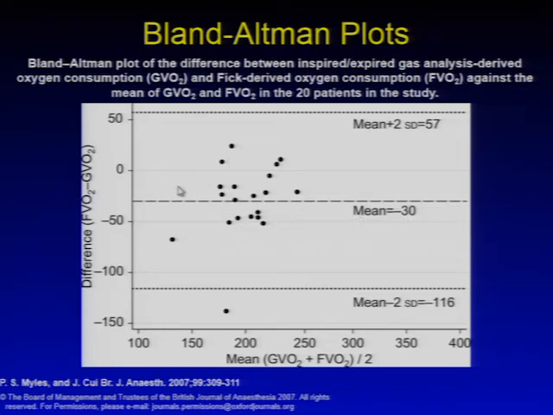The other thing that you'll look at with the Bland-Altman, though, is the width right here of sort of our confidence interval. This is the mean, this line, plus 2 standard deviations. This is the mean minus 2 standard deviations. And so the smaller this range is between those two, the better the 2 tests agree with each other.